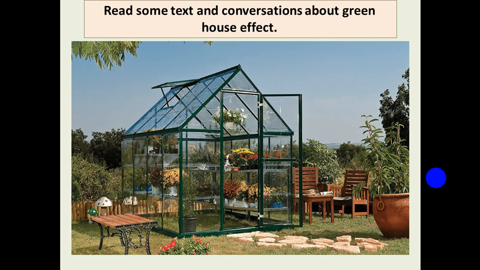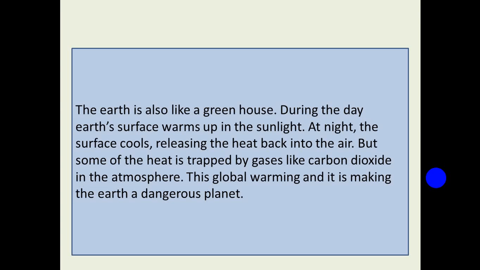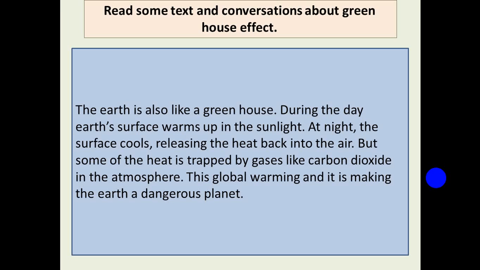Read some text and conversations about the greenhouse effect. There is a picture of a greenhouse for you. You can see a greenhouse that is covered over and up with glass. Now, the earth is also like a greenhouse. During the day, earth's surface warms up in the sunlight.